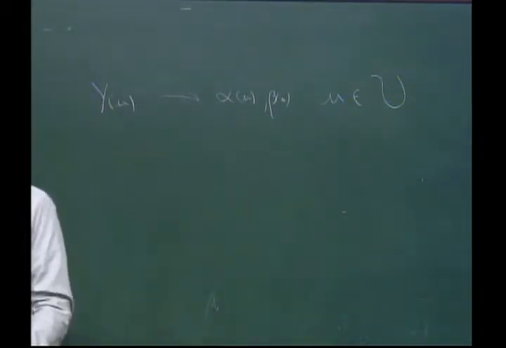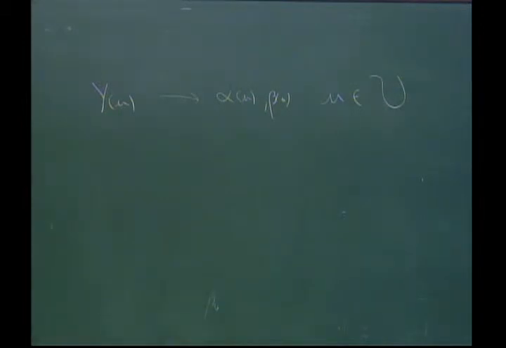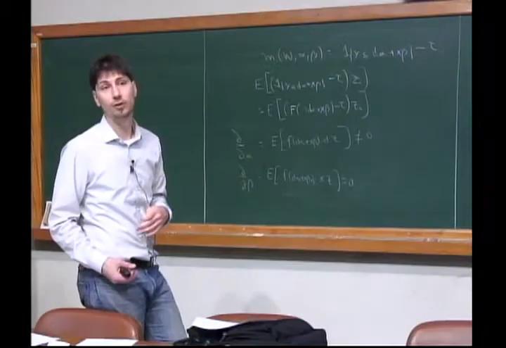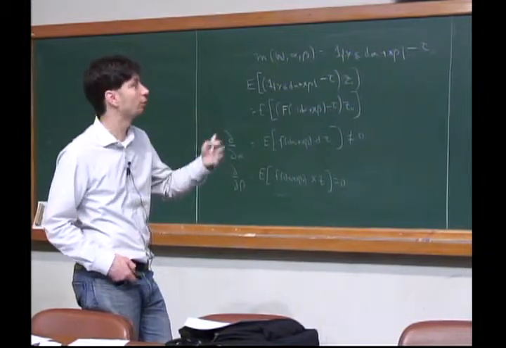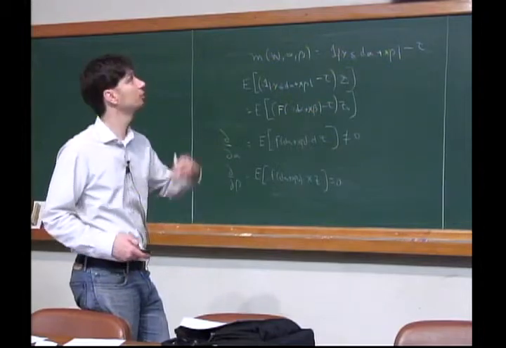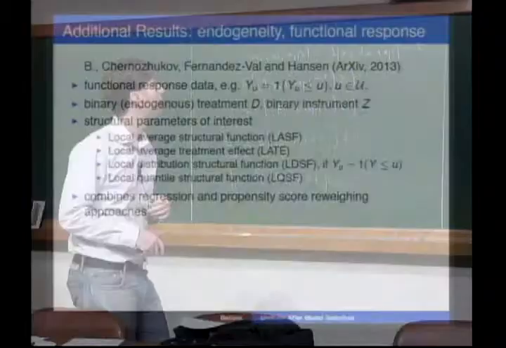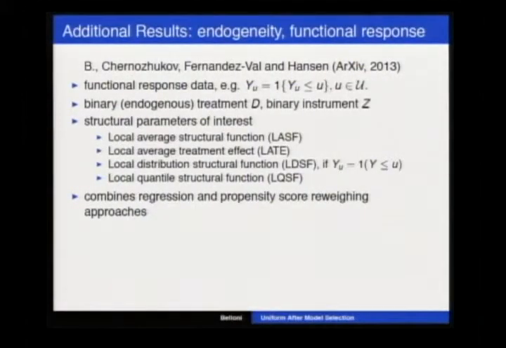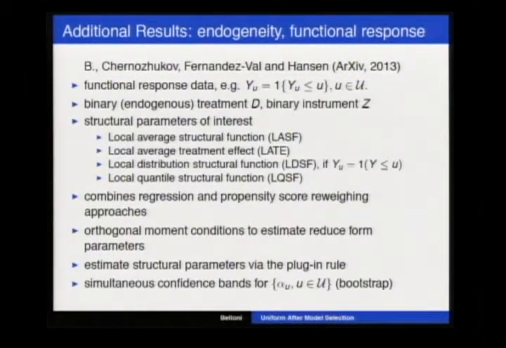That requires us to extend even the Lasso results to functional data. So actually, we are running a continuum of Lasso estimates to get these coefficients, and that will allow us to estimate a bunch of quantities of interest. But at the end of the day, to do this inference properly, to do simultaneous inference over these functions, we can rely on bootstrap techniques. So that was the nice connection from the previous one.